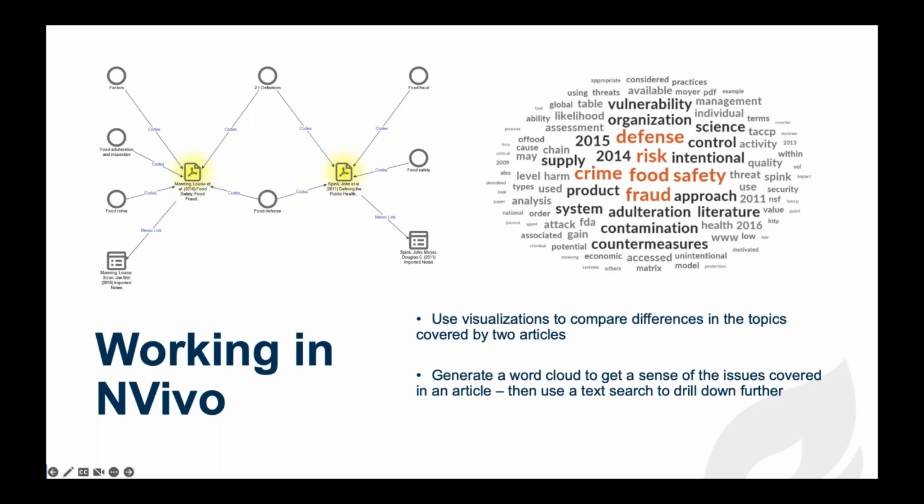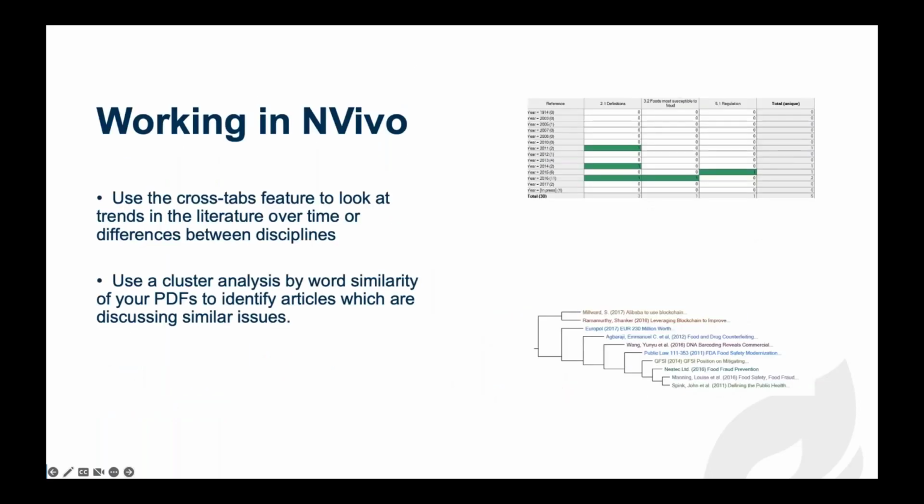You can also create a word cloud, which is the result of a word frequency query to see what words are used either in a specific document or in a list of documents. And since NVivo also brings in all the background information from Citavi, like the year of publication, you can also look for patterns. You can run a cross step and see how a topic that you coded for evolves over time. So it's really, really cool.